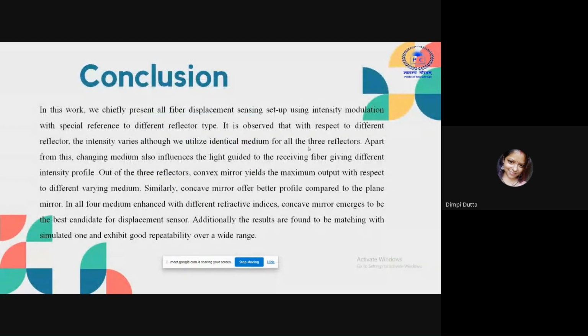Yes, and in the conclusion, I can say that this particular setup can be used to not only see the intensity, but using the intensity, we can see the displacement, how intense the particular fiber is.